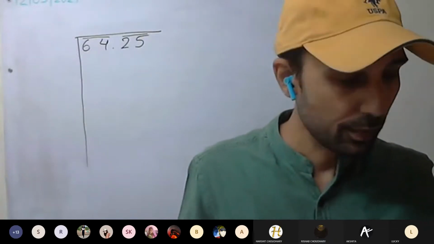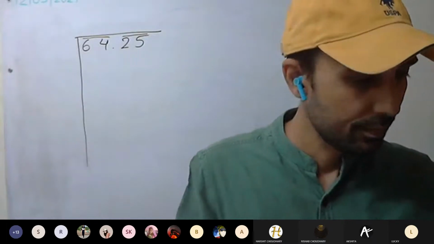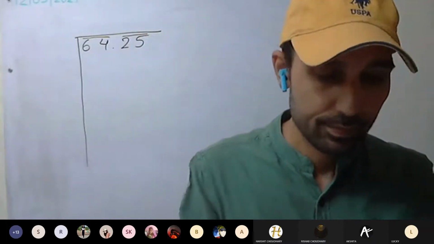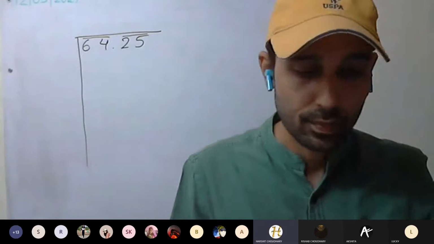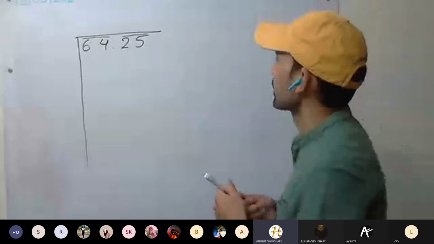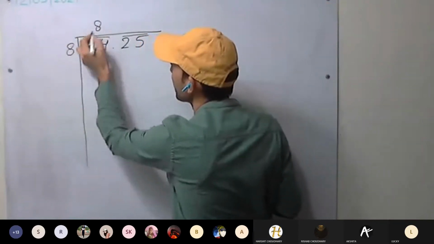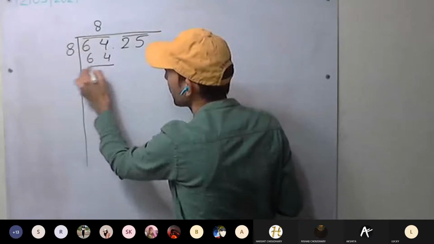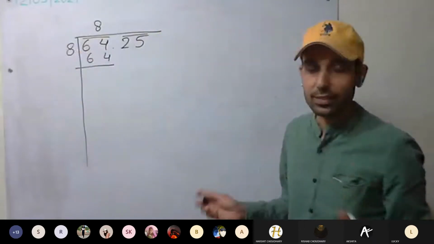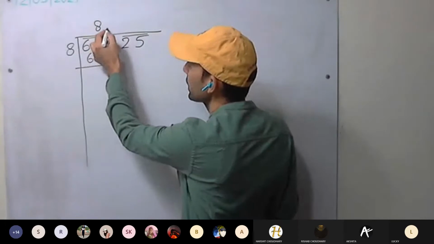So by what number must it be first? 8. 8 8s are 64. So 8, 64. Remainder 0.